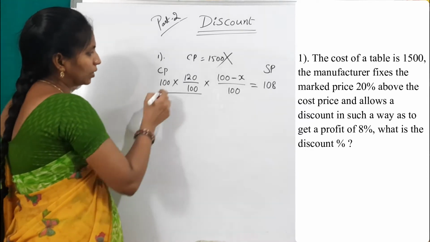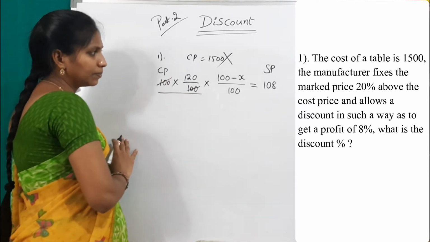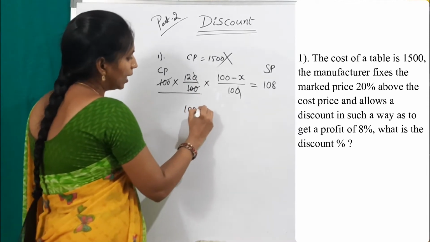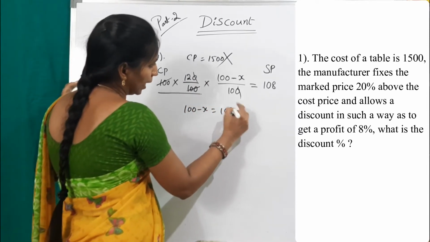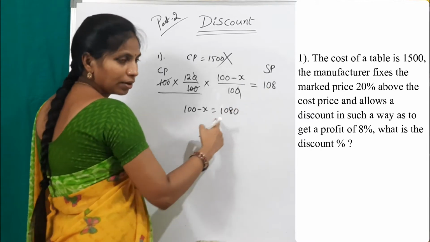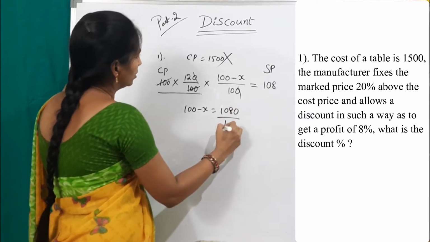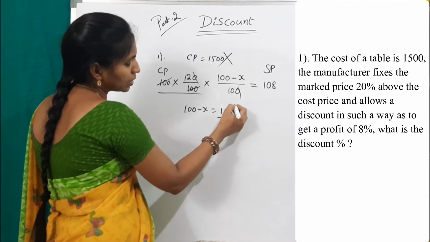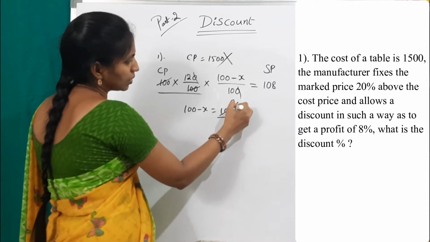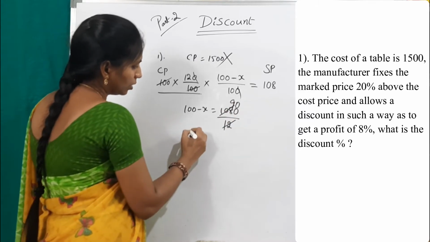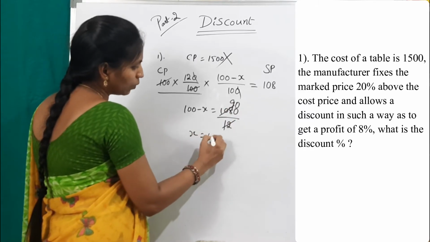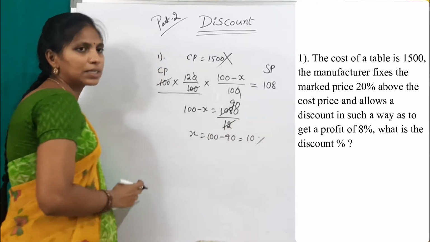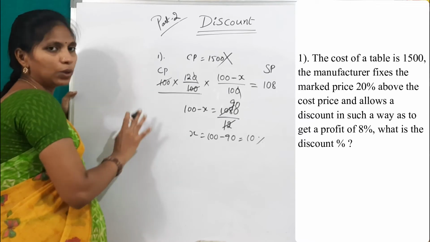Now calculate this. 100 gets cancelled. 0 cancelled. 100 minus x is equal to 108 into 10, that is 1080 by 12. Then 12 cancels 90 times. So x is equal to 100 minus 90, that equals 10. x equals 10%. This is method 1.